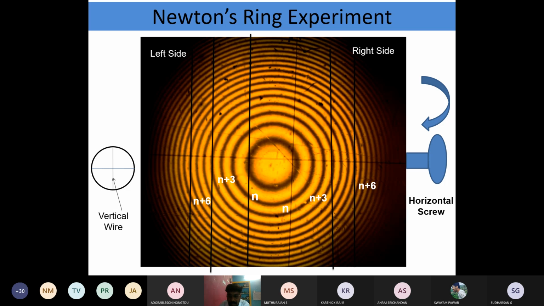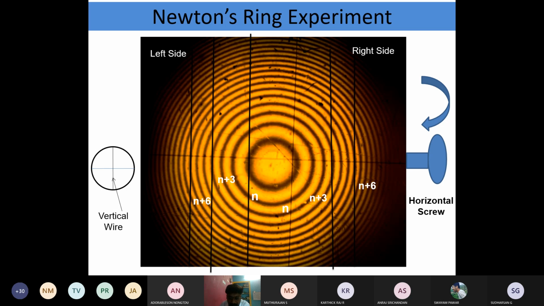If you start your reading from the right hand side, the first ring you can see is at the center. Please consider the first corner, where I have marked N. You have to place the vertical wire at this corner by using this horizontal screw.